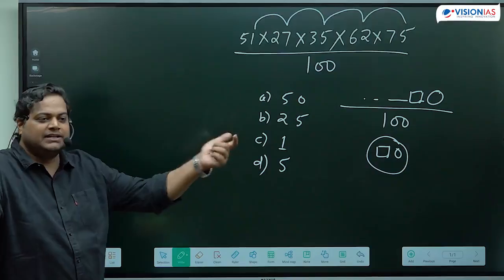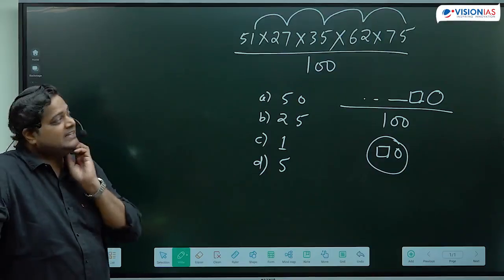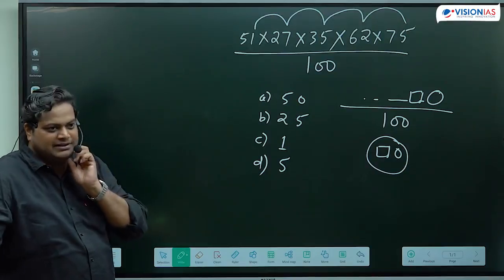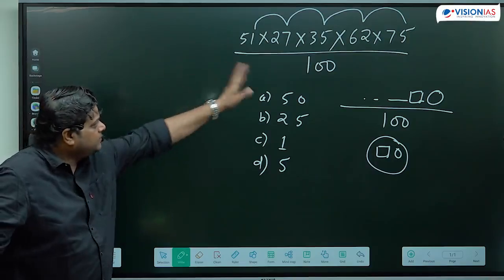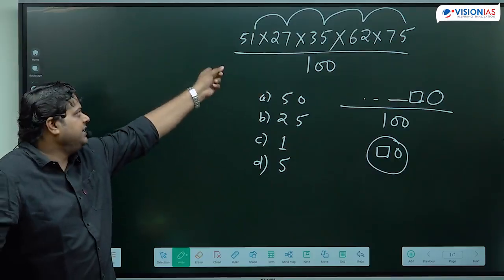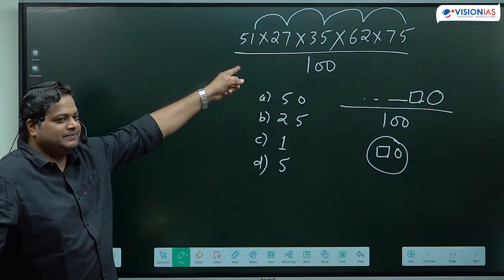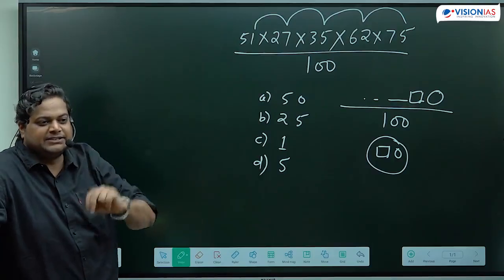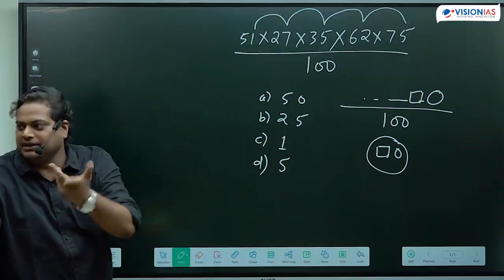Unit place पे तो 0 आएगा, that is for sure. We are looking कि यार 2 zeros तो आ रहा है क्या? How many zeros are there? That way also we can get. 5 and 2 के pair से भी we can get. Unit place digits if we are multiplying, उसमें 2 digits we are getting this way, 5 and 2. So we are for sure.